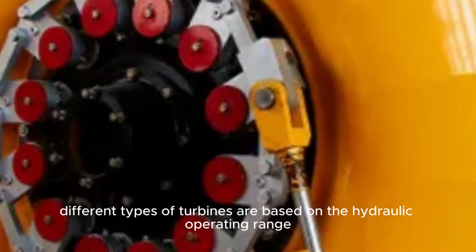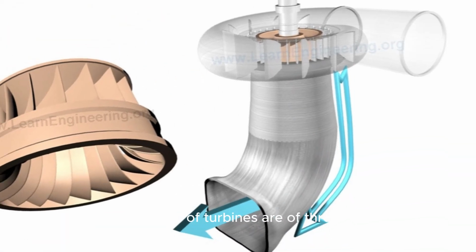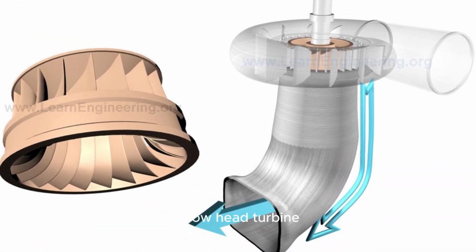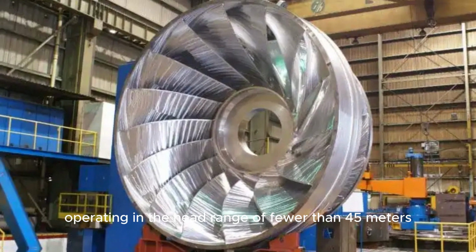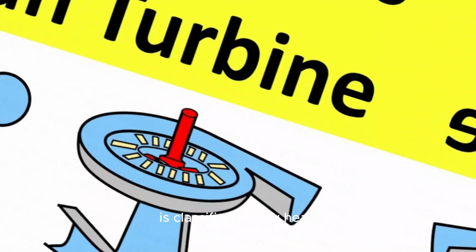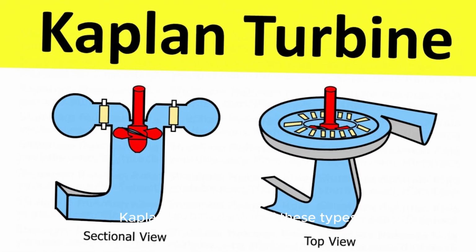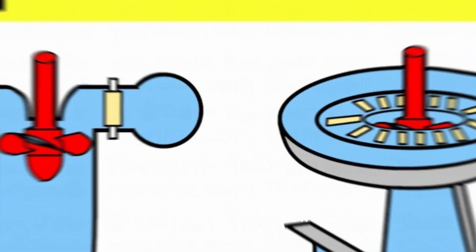Different types of turbines are based on the hydraulic operating range. These types of turbines are of three categories. Low head turbine. A hydraulic turbine operating in the head range of fewer than 45 meters is classified as low head. Kaplan turbine is one of these types. If the head is less than 3 meters, it is considered an ultra-low head.